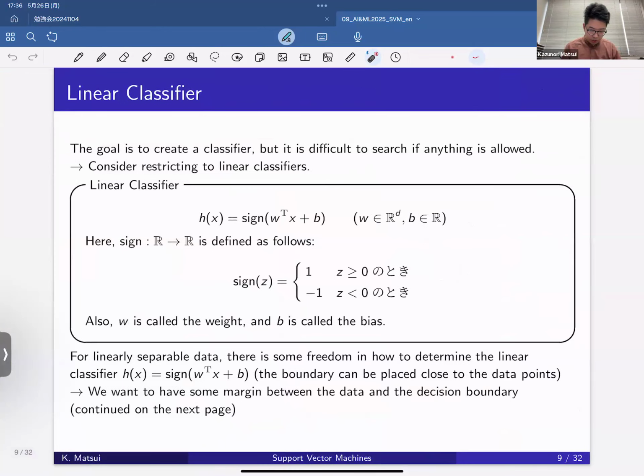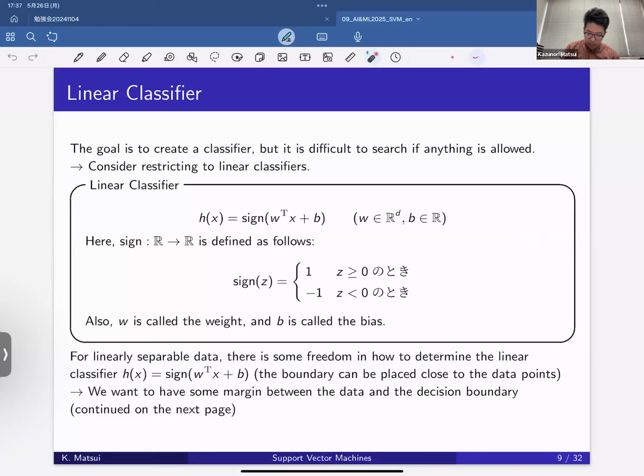In the previous session, we talked about the classifier in the decision equation session. If we allow anything for this classifier, the difficulty becomes high. So here we consider limiting to linear classifiers.